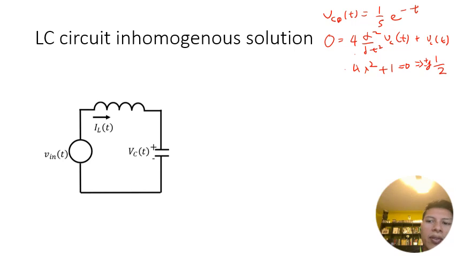Of course, we also could have just used that the lambdas are always 1 over the square root of LC, which is 1/2.